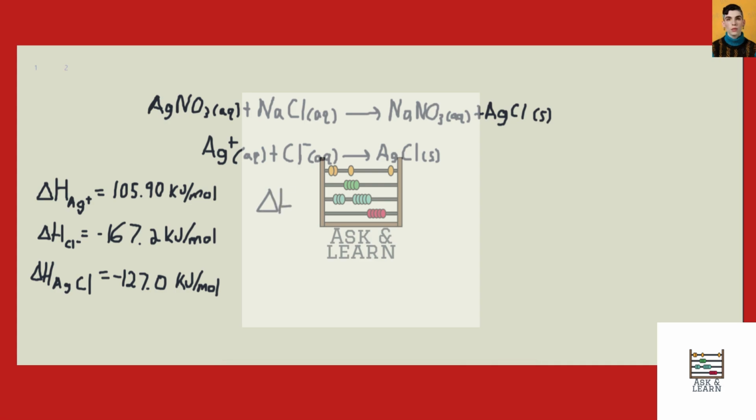So we're using Hess's law: delta H of reaction is equal to delta H of products minus delta H of reactants. So minus 127.0 minus 167.2 plus 105.90.